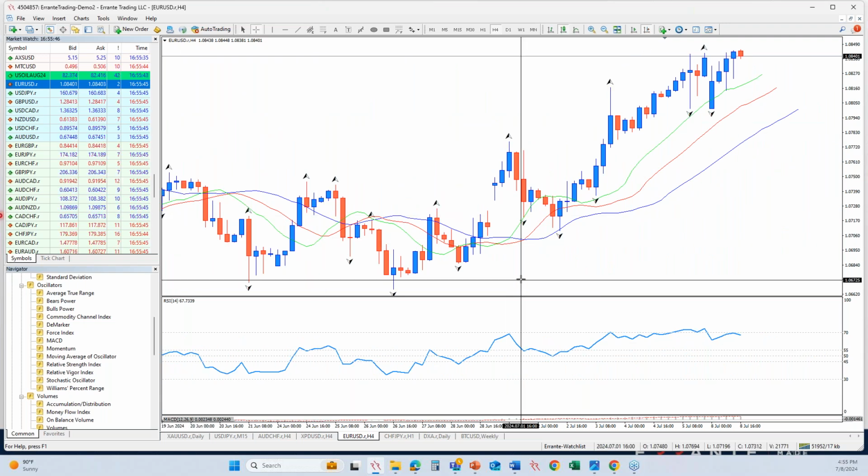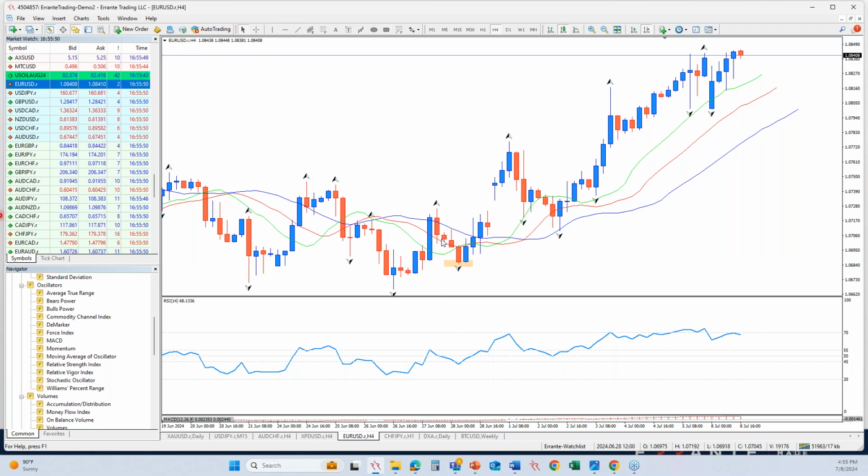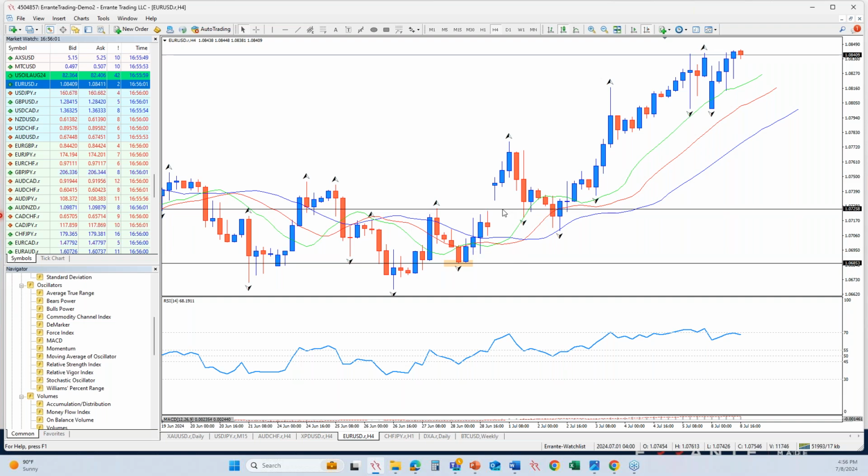Okay, an up fractal formed at this level, which is 1.06, and this is a down fractal, and the up fractal forms at 1.07261.